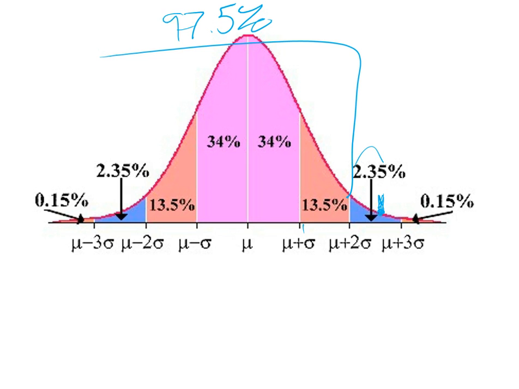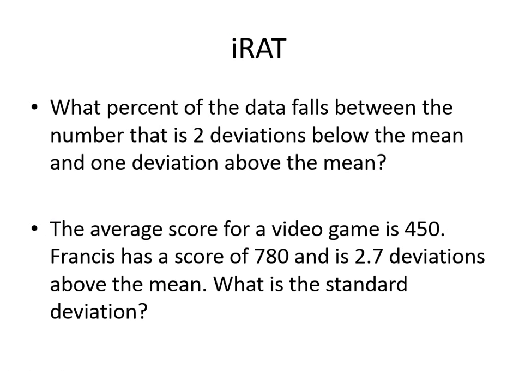We also want to include about one more percentage, so we're about 98.5, 99% estimated from there. If you want to know what percent falls from this point to this point, you would just add 13.5 and 2.35, depending on how many deviations you are away. That helps us find the percentage, and then you multiply that by the total number, and that tells you how much of the data falls within that range.